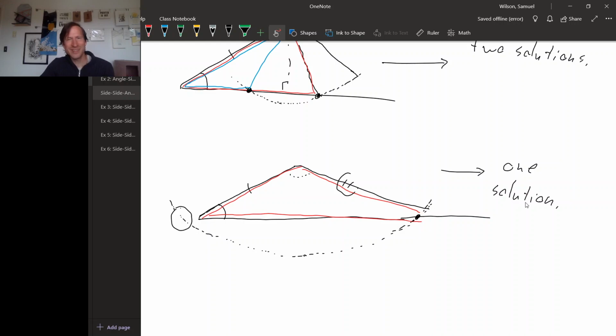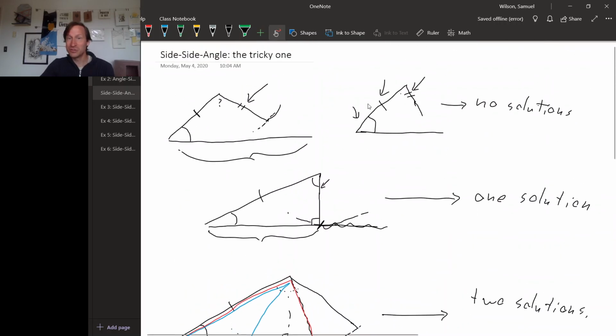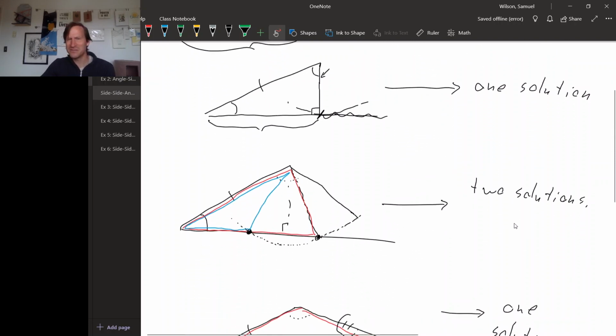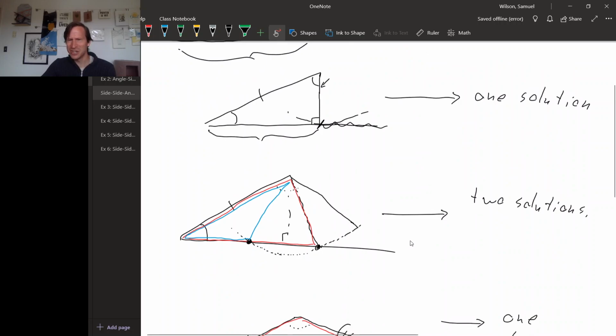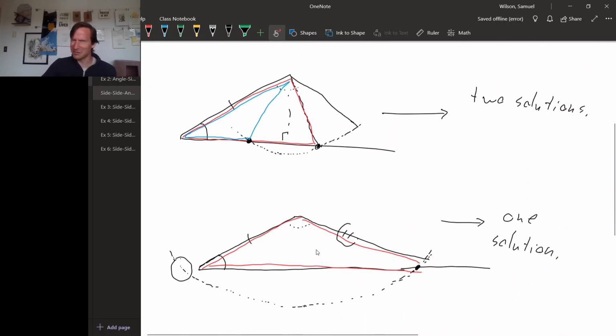Okay, so in this side-side-angle situation, it turns out that lots of different things can happen depending on exactly what measurements we're given. You might have no solutions at all, no triangles that fit that description. You might have only one that happens to be a right triangle. You might have two solutions like this, or you might have just one solution but not a right triangle like this.